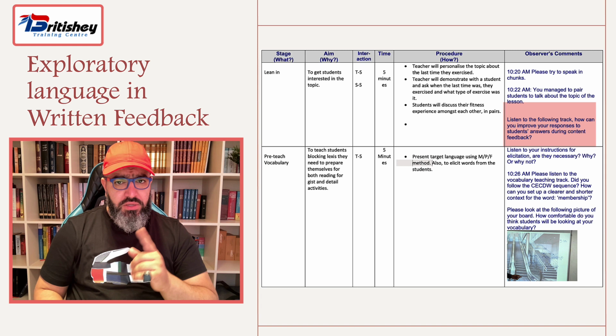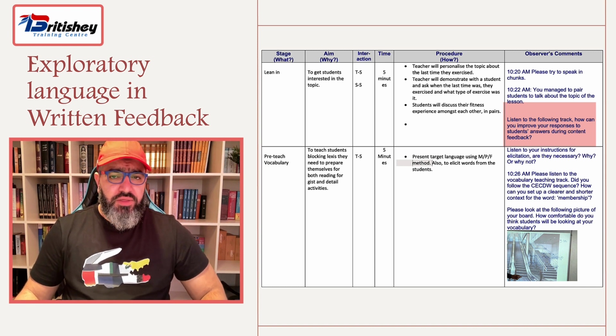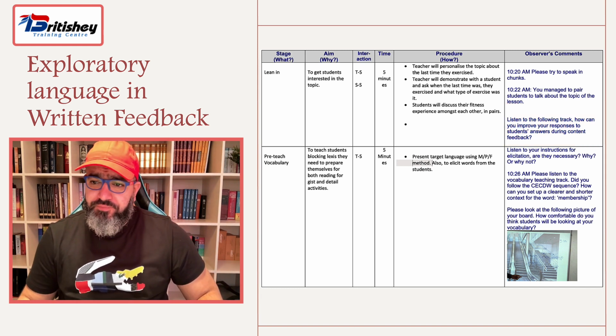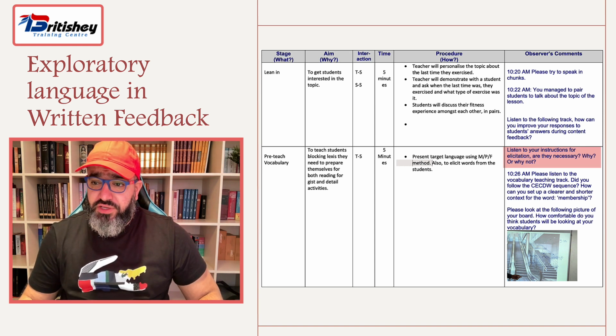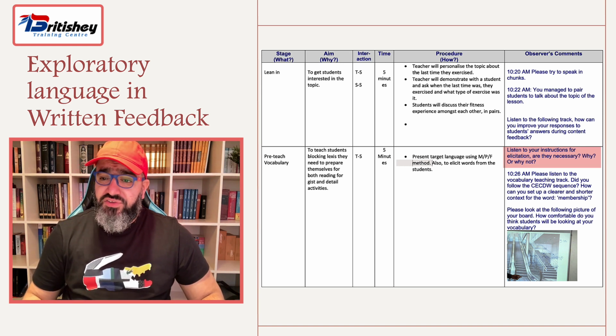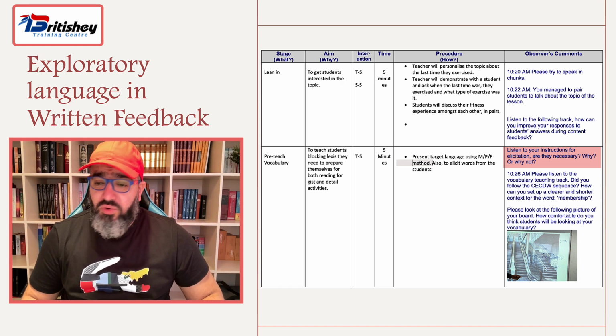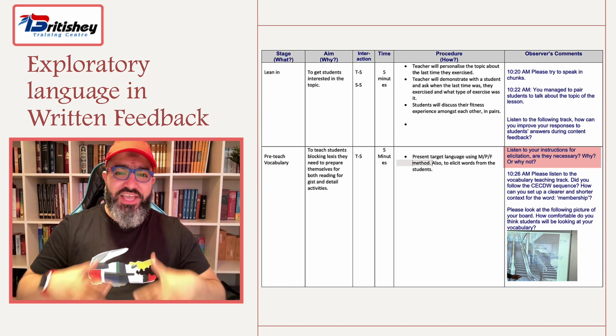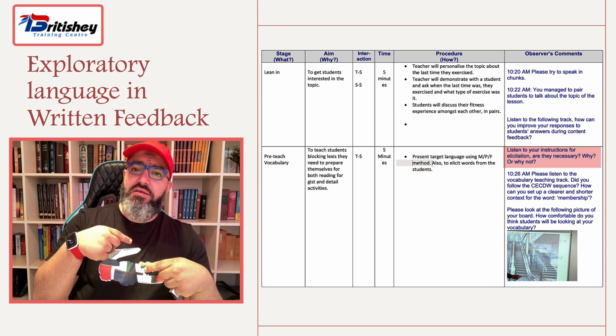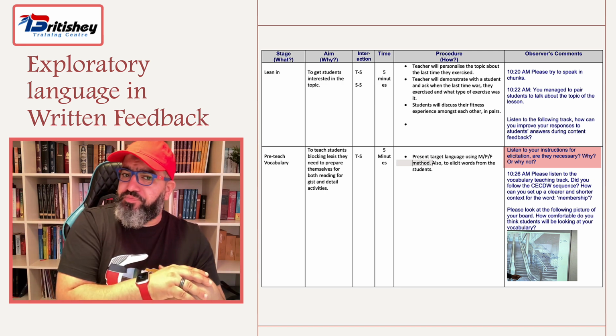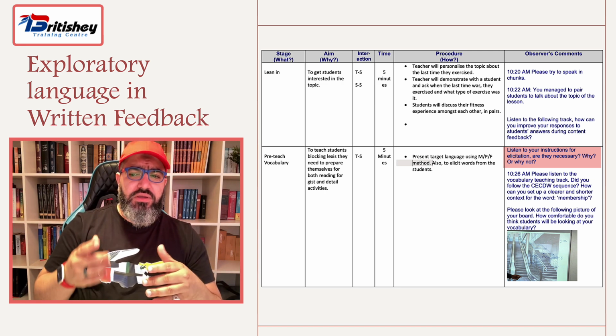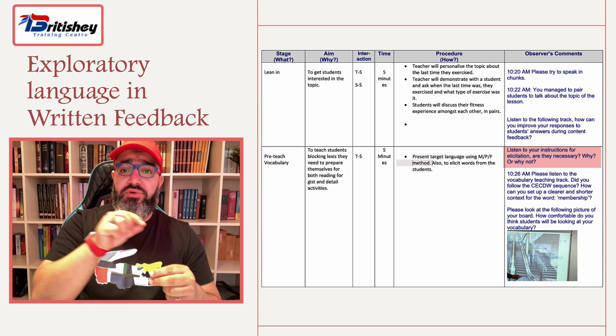Right. Now let's read another example of exploratory language here. Listen to your instructions for elicitation. Are they necessary? Why or why not? And again, that's another track that I will get him to listen to. And look at what I said. Listen to your instructions for elicitation.